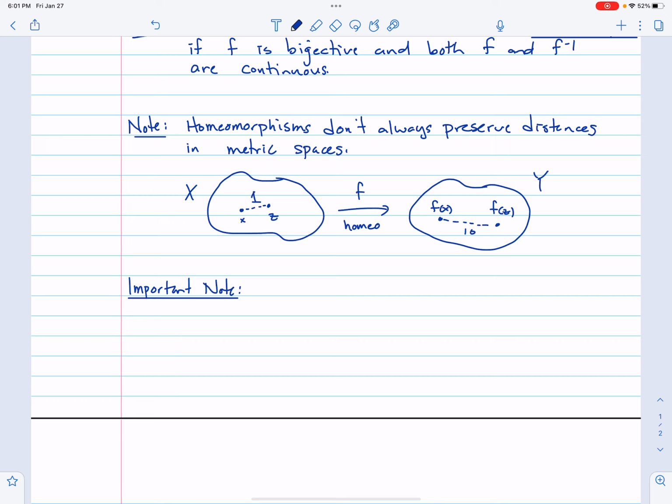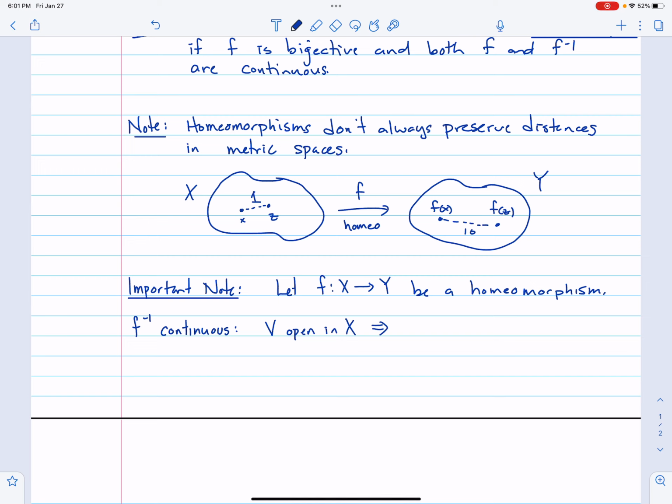All right. So suppose we let f be a homeomorphism from X to Y. In particular, f is a bijection where both f and the inverse are continuous. So because f inverse is continuous, if V is an open set in X, then, whenever you have a continuous function, the preimages of open sets are open.